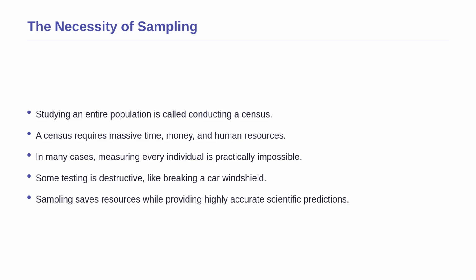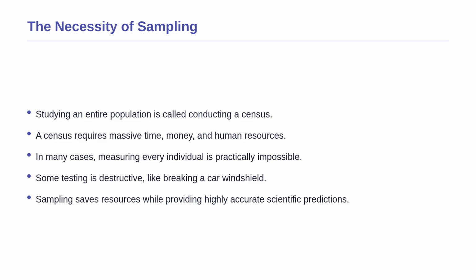This visual brings us to an important question. Why do we not just study the whole population? Measuring every single individual is called conducting a census. While a census gives absolute certainty, it requires massive amounts of time, money, and human resources that most researchers simply do not have.